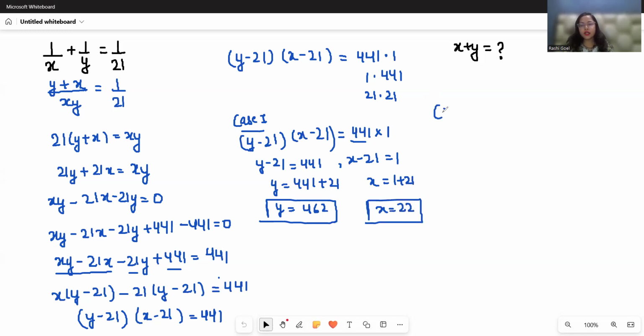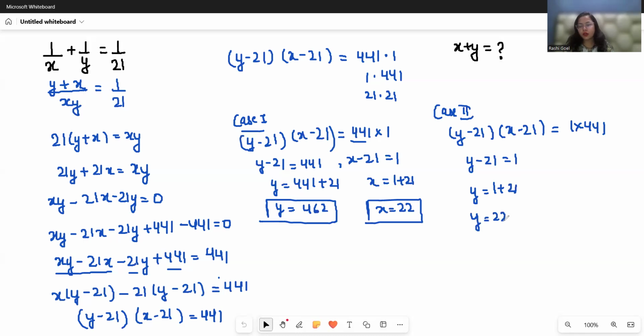Now coming to case second, (y - 21) times (x - 21) equals 1 times 441. So y - 21 = 1, so y = 1 + 21, y = 22. x - 21 = 441, x = 441 + 21, x = 462.